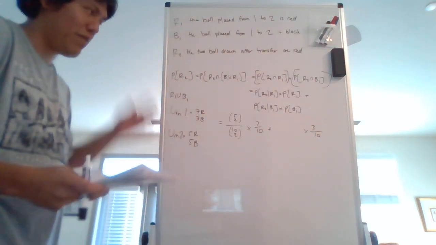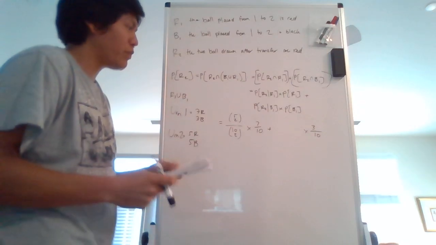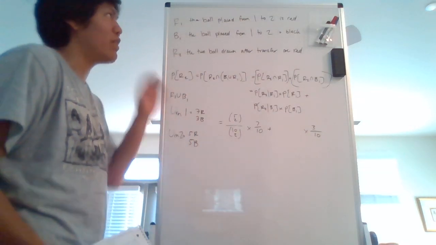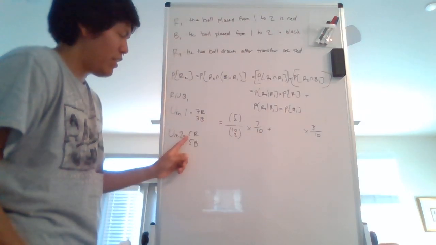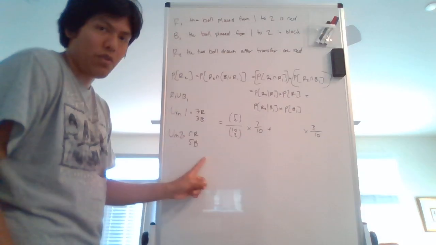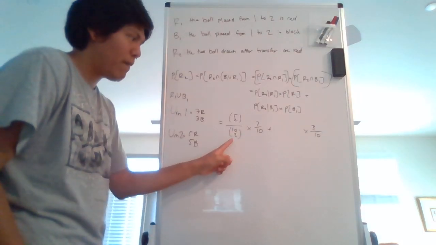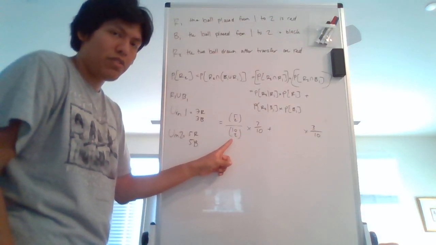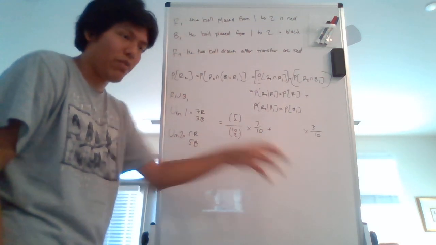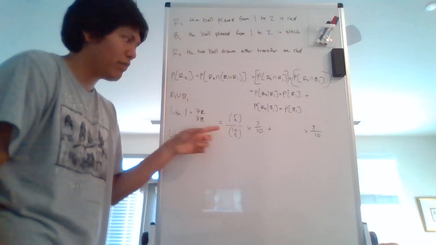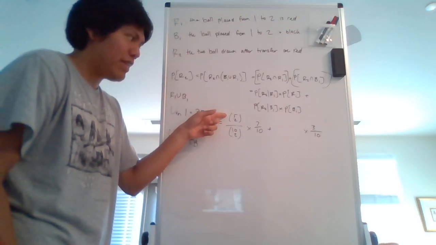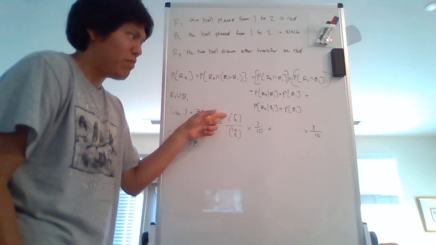Let me try and re-explain maybe. We transferred 1 ball from urn 1 to urn 2, and we're saying that it was red. That gave us 5 red balls in urn 2 now, and 10 total balls. This 10 choose 2 came from the fact that there are 10 total balls and we're choosing 2, right? This 5 choose 2 is only taking into account the red balls because that's what we're grabbing.